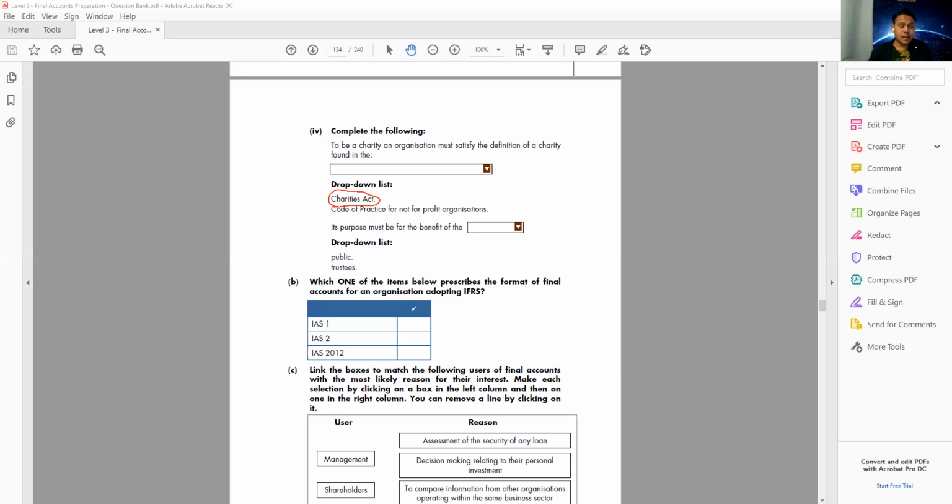And its purpose must be for the benefit of the public. Trustees are kind of the owners of the charity. So it's not for their benefit, it's for the benefit of the public.